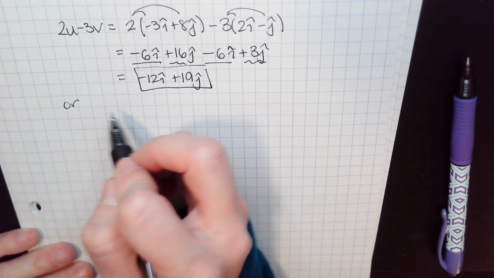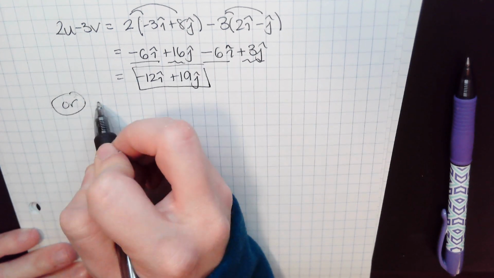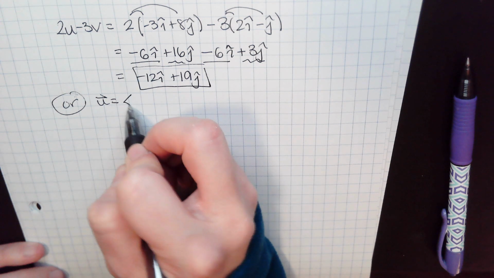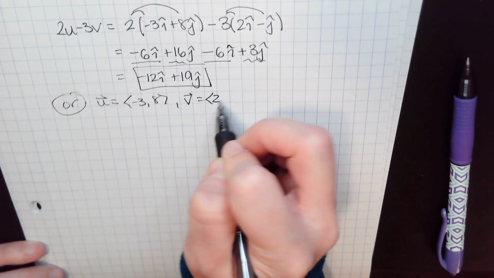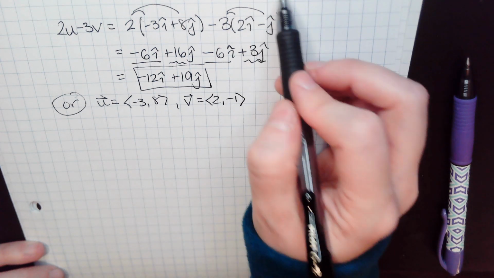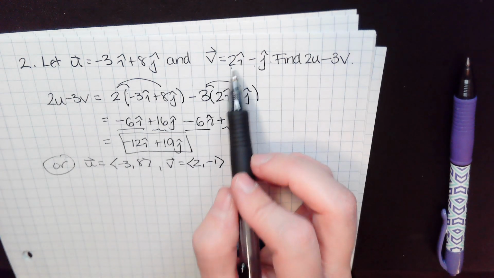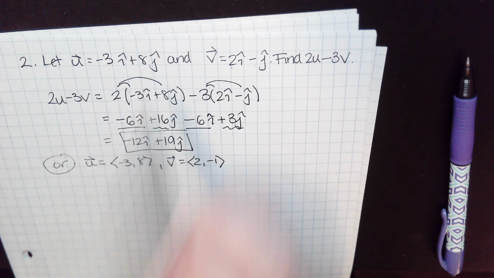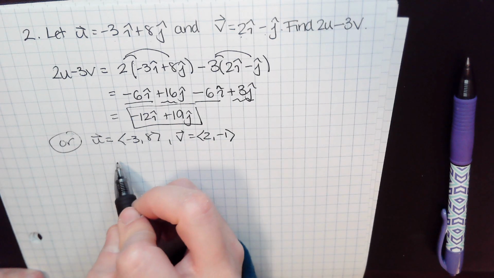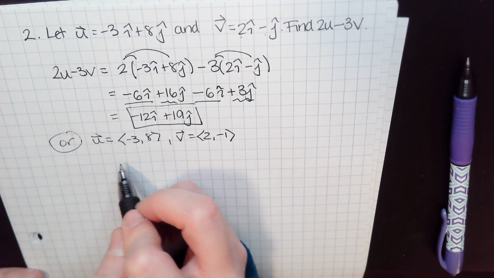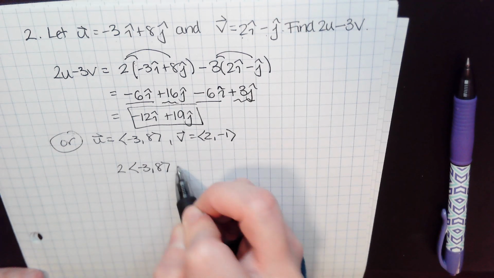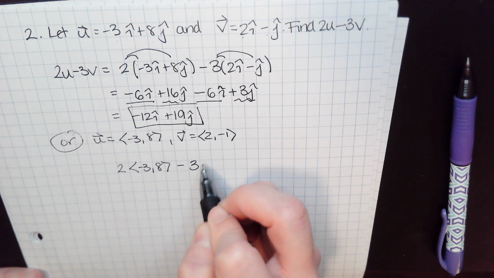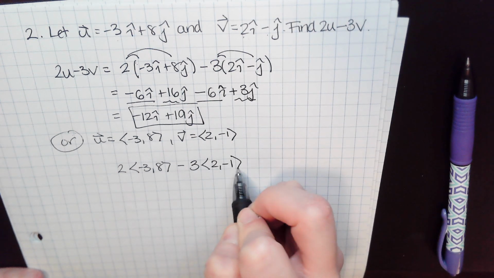Now you also could have done it where you change them to component form first. So you could have said u is negative 3, 8, and v is 2, negative 1. So just taking your coefficients, sorry, you couldn't see that, 2, negative 1, negative 3, 8, and then did what we did last class where you could just multiply 2 times negative 3, 8 minus 3 times 2, negative 1.